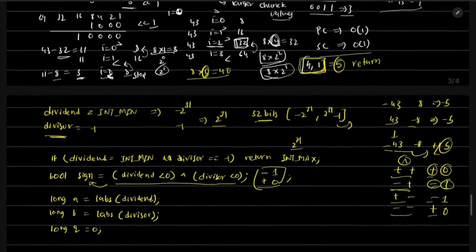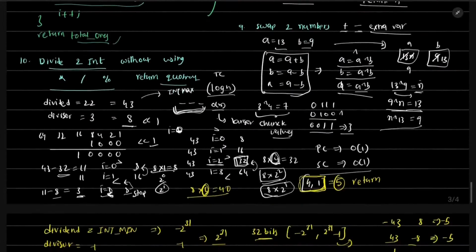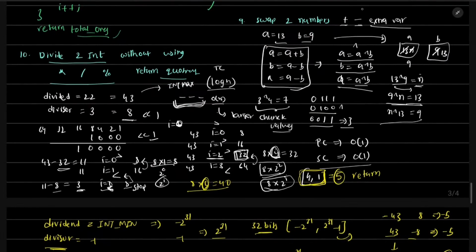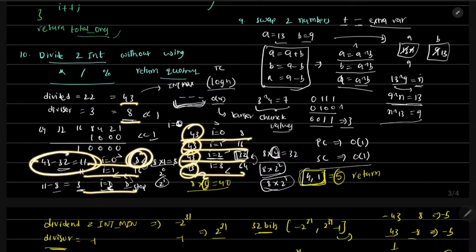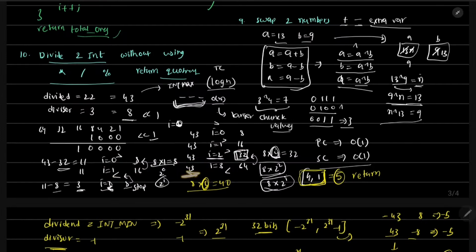Now you see what we have done. We went from here, if you observe, 43 and 8, we went from a equal 0, a equal 1, a equal 2, a equal 3, right? And then we go to a equal 0 again, a equal 1, again a equal 0, and we are changing the a value. We are not changing the b value every time, right? We are changing the a value every time whenever we reach a value that is greater than the a value, right?